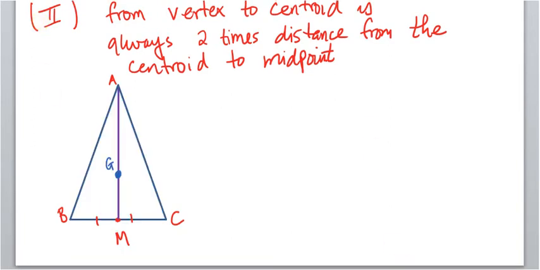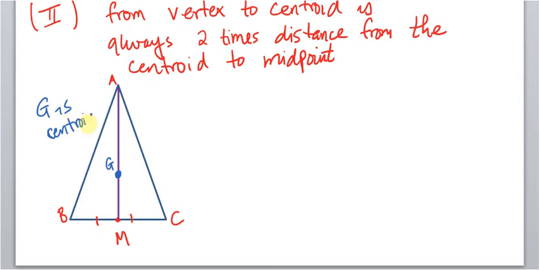So I have a triangle, midpoint, and the median, and let's say that G is the centroid.